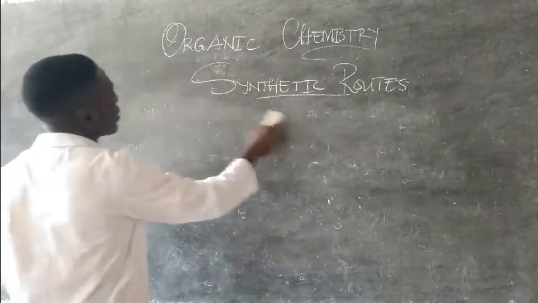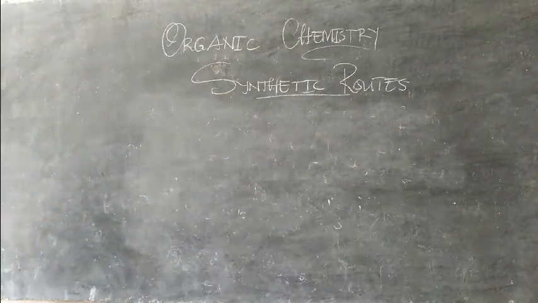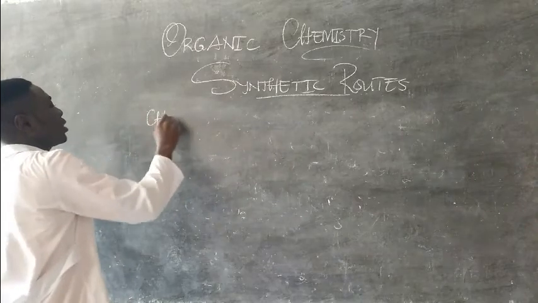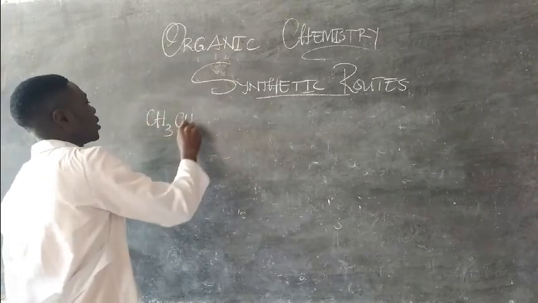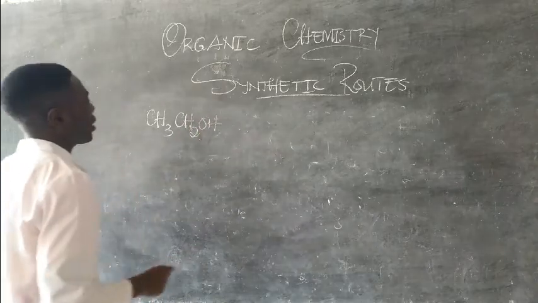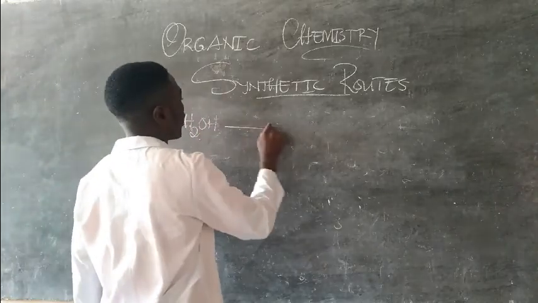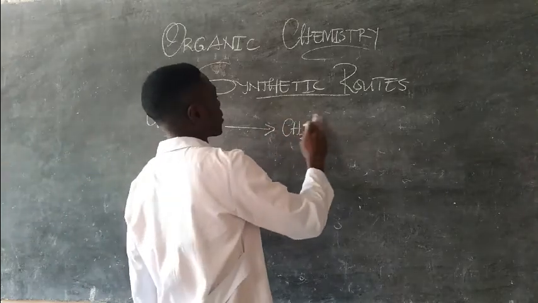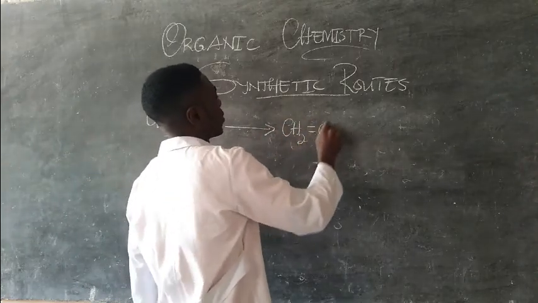Now, to do that conversion, I could still take CH3CH2OH, and then I will convert this one to CH3CH2 double bond CH2.